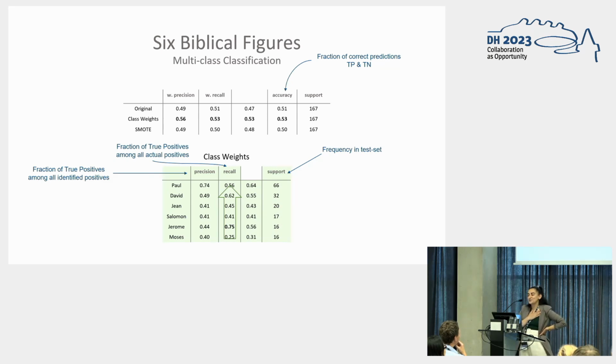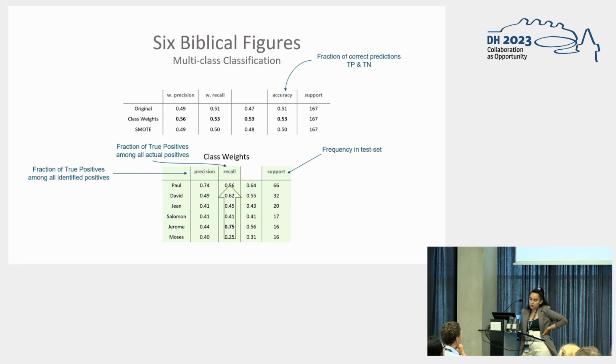So applying this model to the classification of biblical figures gives us a performance in the range of 50 to 53% accuracy. And while differences are marginal, the model trained using weighted classes performed best.